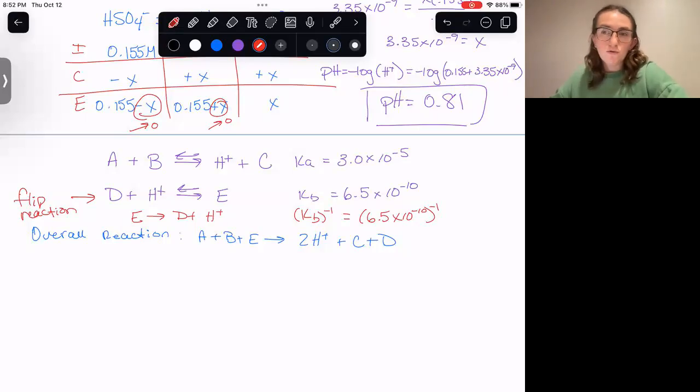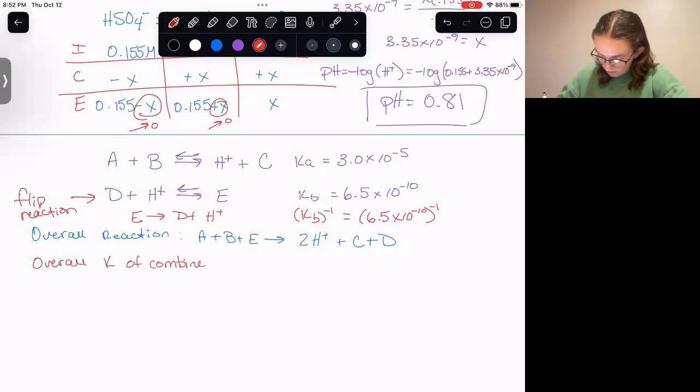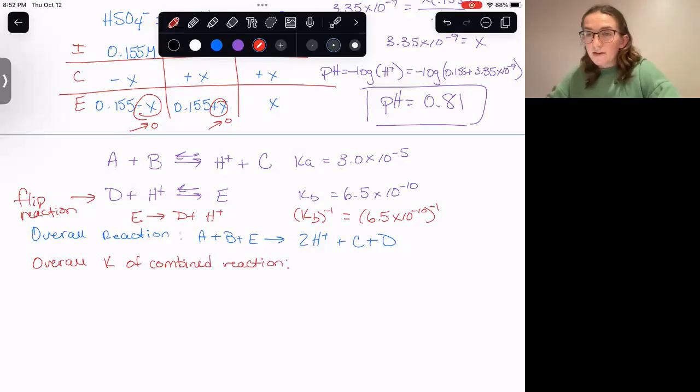So if we want to find the overall K value, we would have to combine Ka times Kb to the -1.